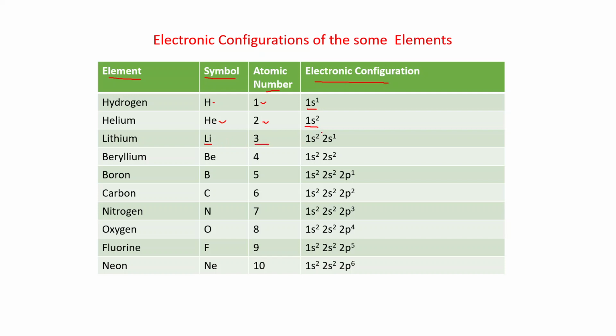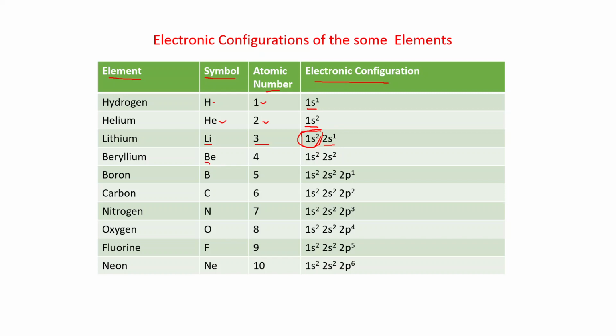The first shell contains 1 subshell, that subshell contains 1 orbital, that is 1s, and the maximum number of electrons in an s orbital is 2. When this is filled, the next electron will go into the next subshell, that is 2s1.